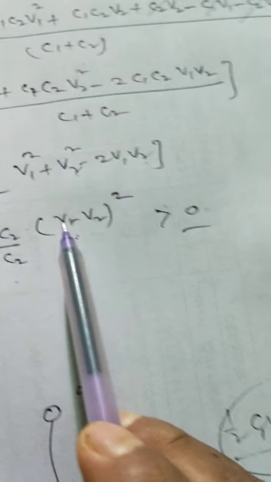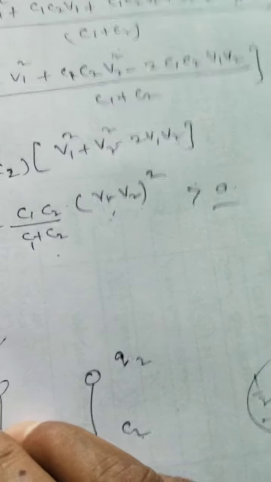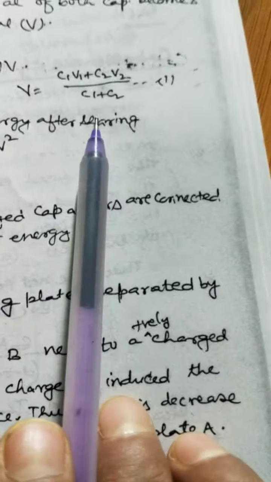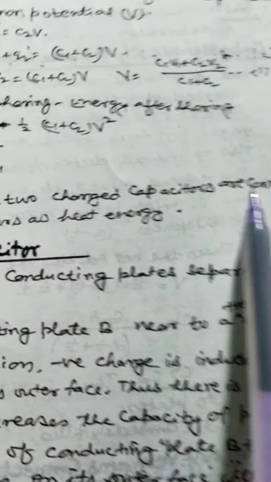Means if V1 is greater than V2, this value will be positive. If V1 is less than V2, again this square will be positive, delta U will be positive. It means total energy before sharing is always greater than energy after sharing. And this means there is some loss of energy when two charged capacitors are connected together, and this loss of energy appears as heat energy.